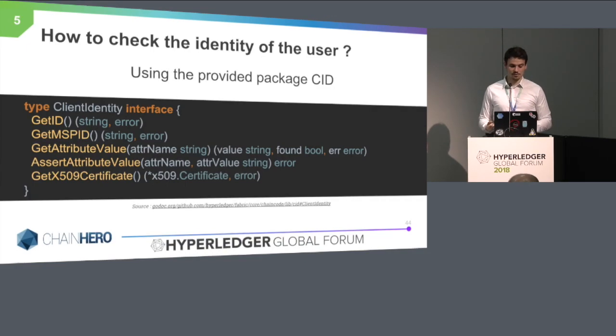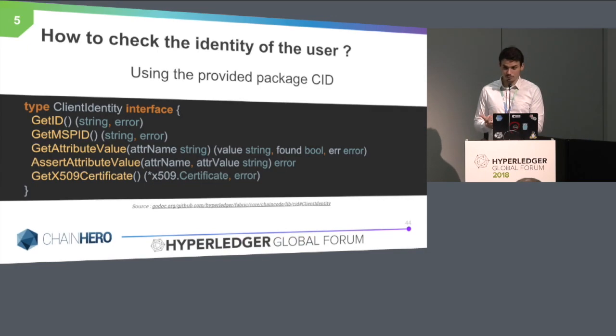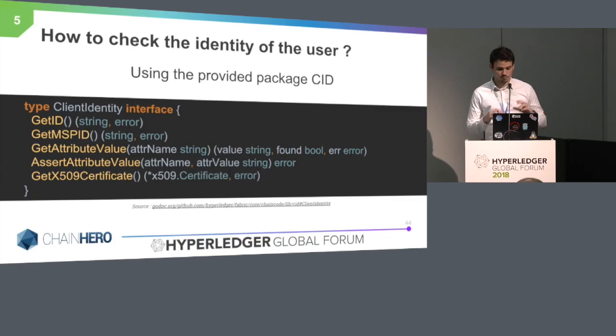You can get information provided in the certificate, for example, some attributes you put in the certificate, and this is really useful in order to check if the user has the right to read or write these kinds of things. Okay.